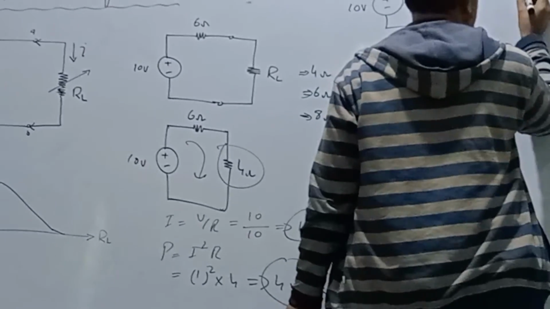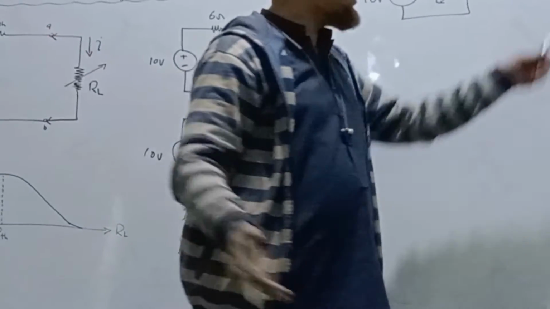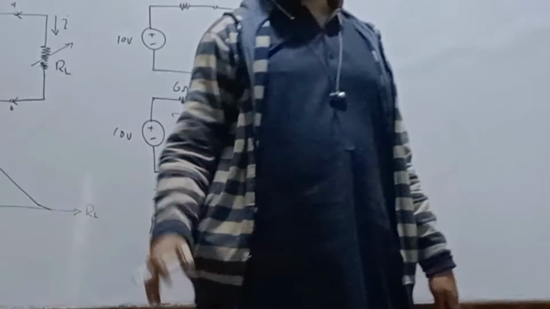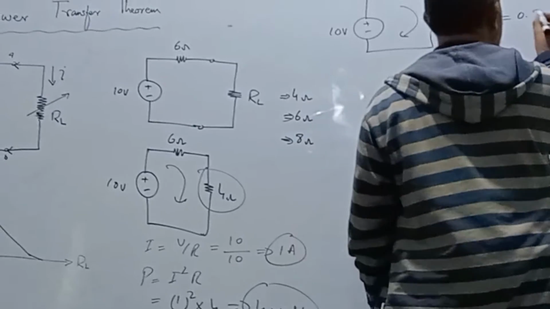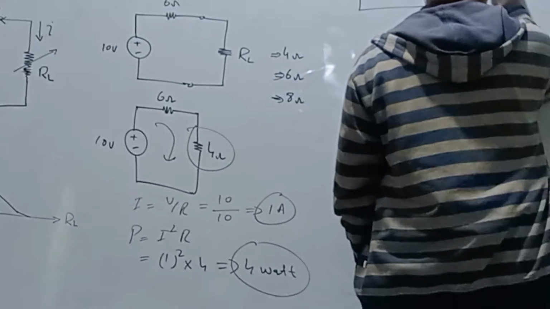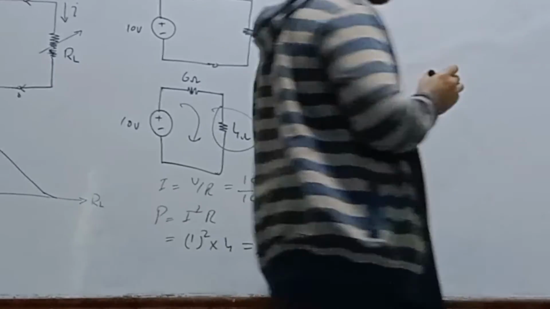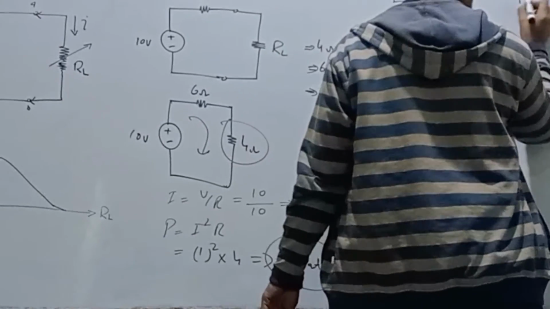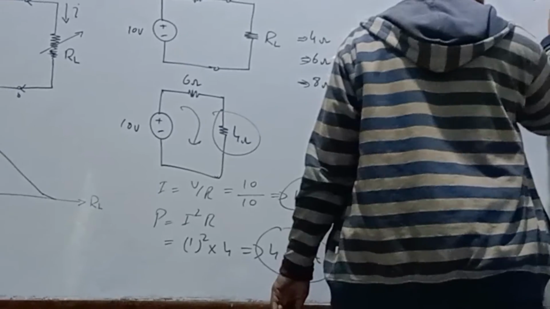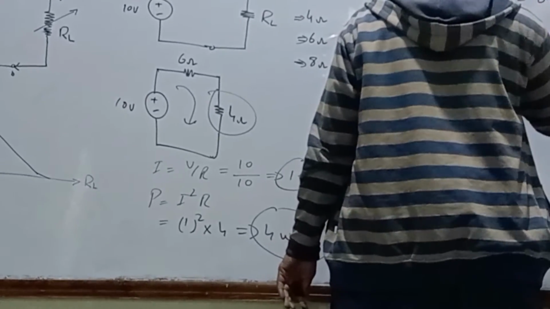That is 0 point something. 0.833 ampere. Understand? How much power is dissipated by this 6 ohm? P is equal to I square R, and I is 0.833 squared.